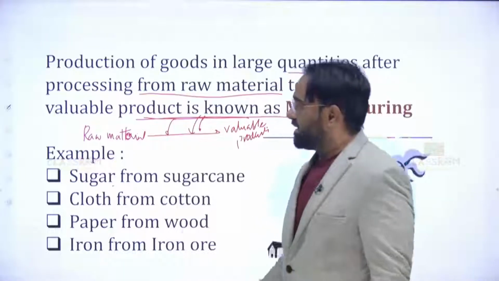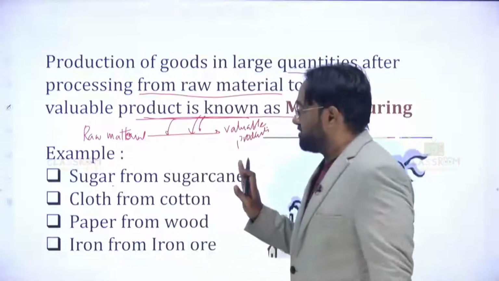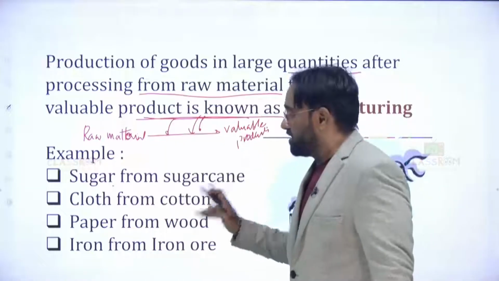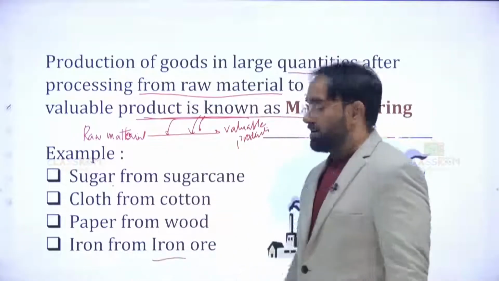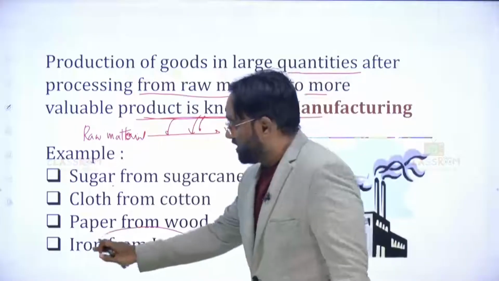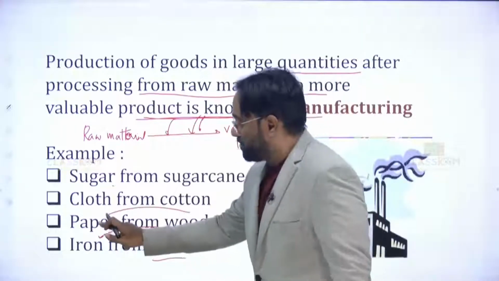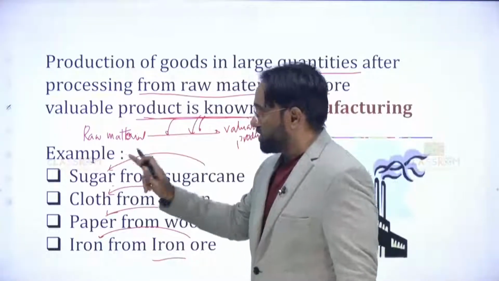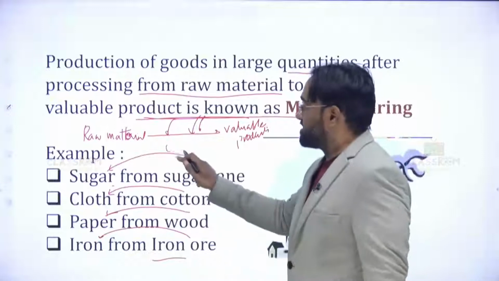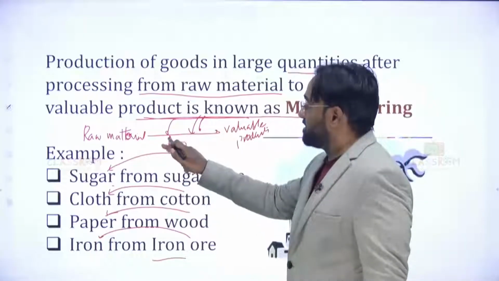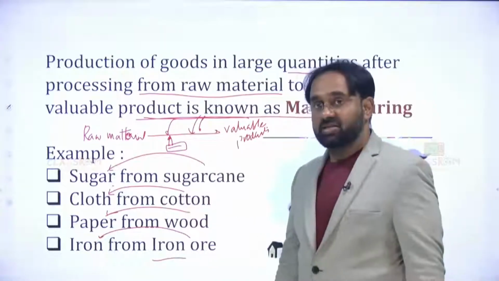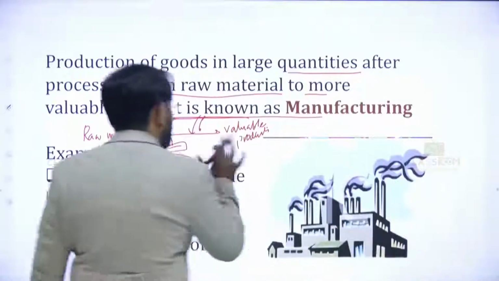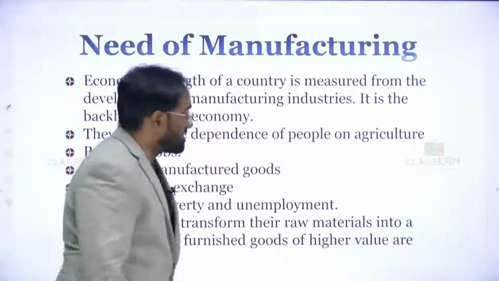So, sugar from sugar cane, cloth from cotton, paper from wood, iron from iron ore. Iron ore to iron, wood to paper, cotton to cloth, sugarcane to sugar. So, where is this happening? This is happening in manufacturing industries. This is what we are going to learn today.